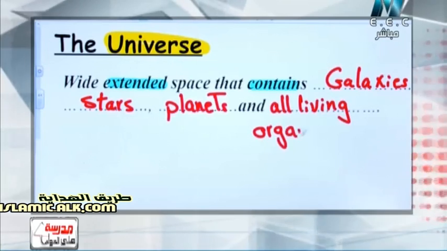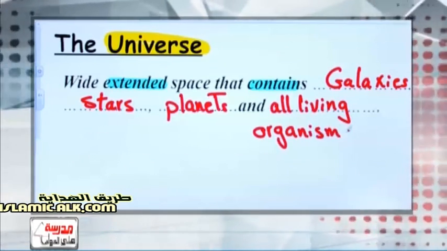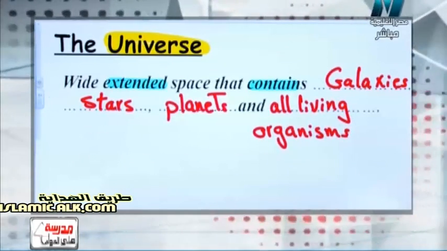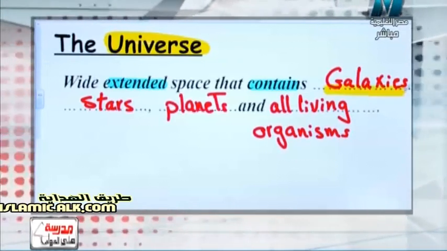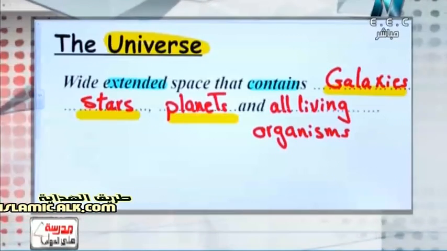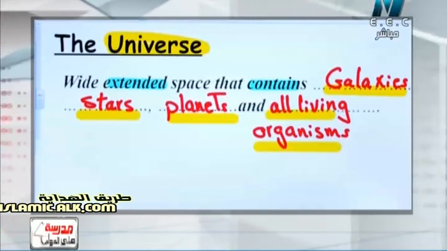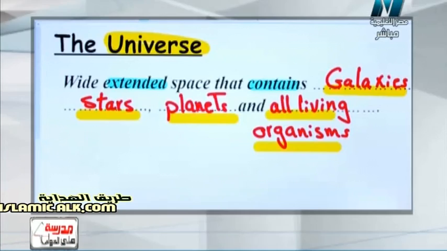So here we define the universe. As you see here, we have wide extended space contains galaxies, stars, planets, and all living organisms. So we have units in the universe.